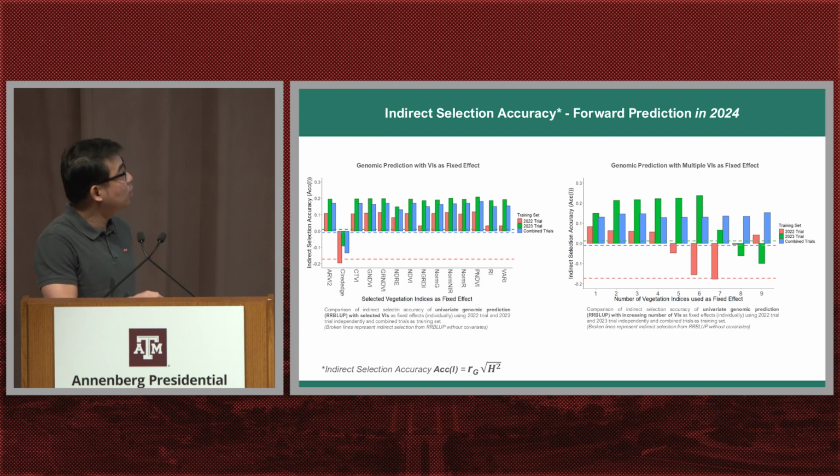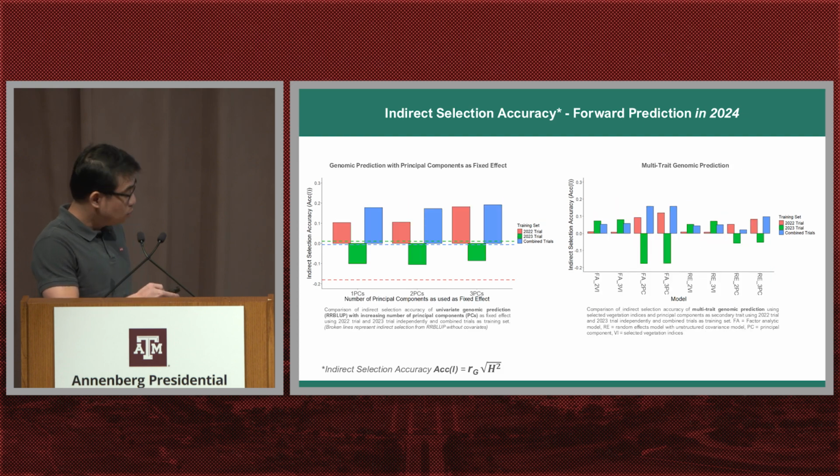And actually, this one is the highest overall prediction accuracy that we're seeing in any of these approaches. Now, using the 2022, it's low. It's basically reflecting what we have seen in the predictability assessment. However, if you use the combined trials as training set, the prediction accuracy appears to be similar. It's not affecting that.